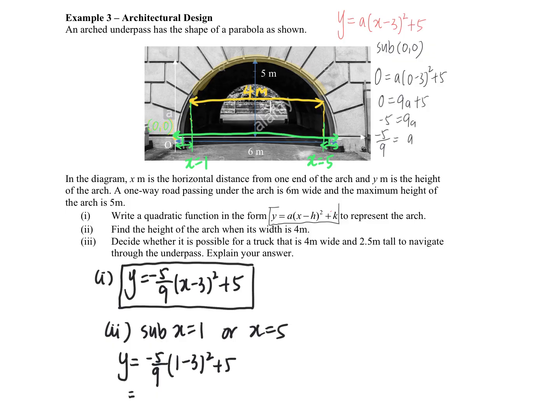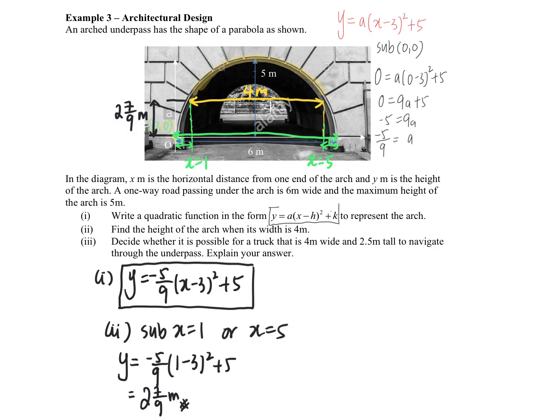Okay, so what does it give you? My answer here says this. So I'm at 2.79 meters above the ground. Okay? So this is part 2.